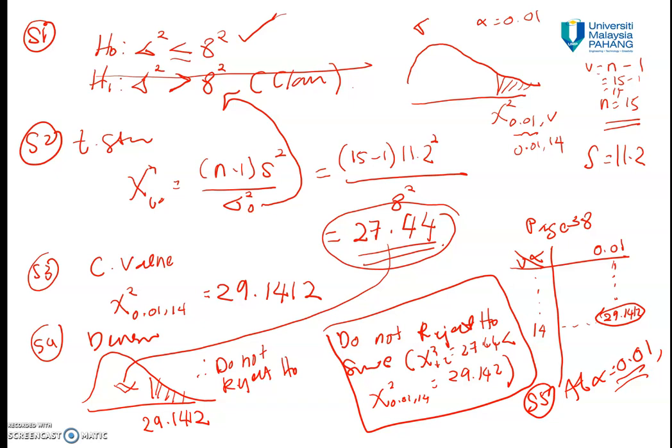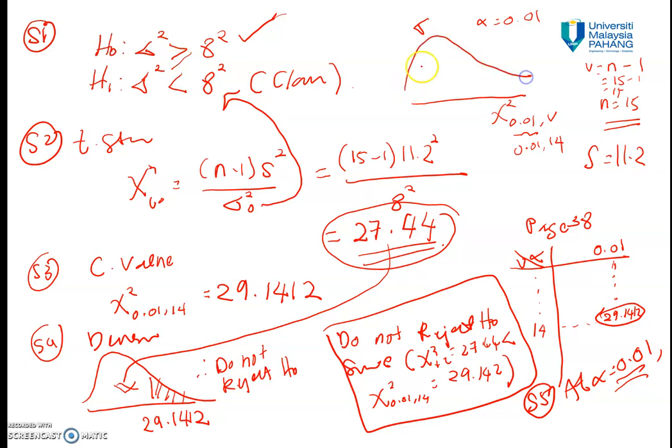So I just want to give something extra here. In this case, your area is at the right, isn't it? Sometimes your notation here is less than. Let's say here is less than, so here will be greater than or equal.